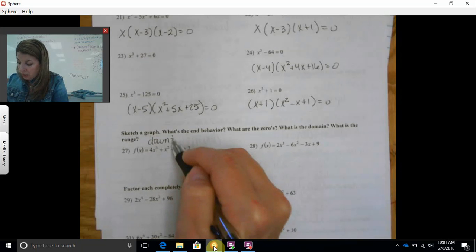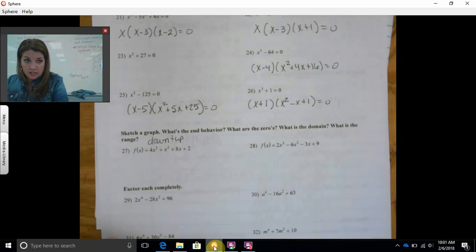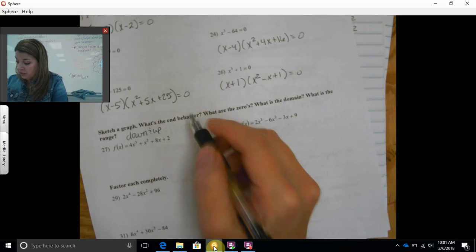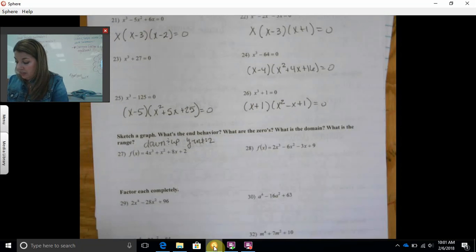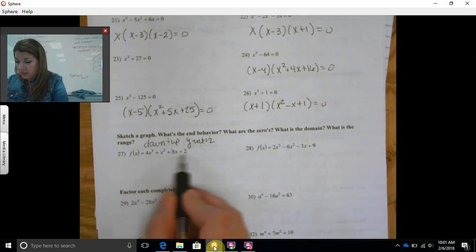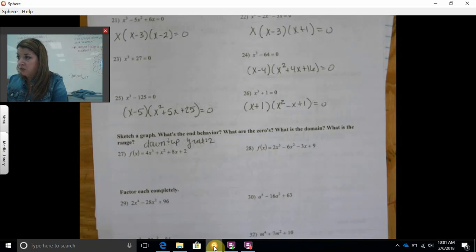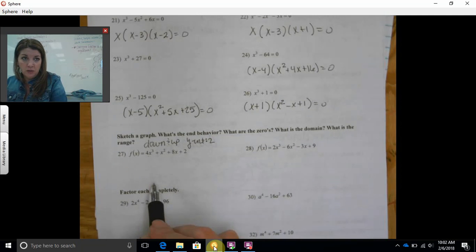How many possible times can it cross the x-axis? 3 or less, right? What's your y-intercept going to be? Positive 2. And then how are you going to factor this? Factor by grouping, then set each factor equal to 0. You'll see where it'll cross the x-axis. You're going to have to do all that. We don't have time.